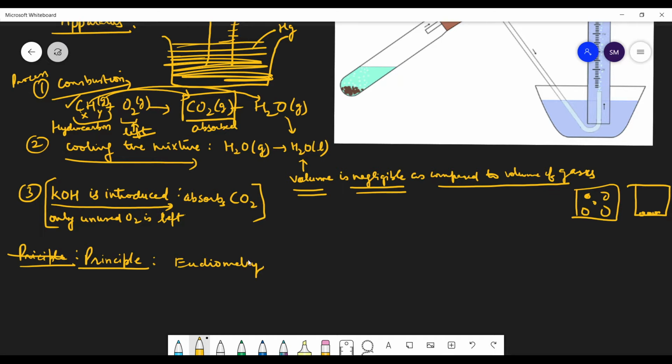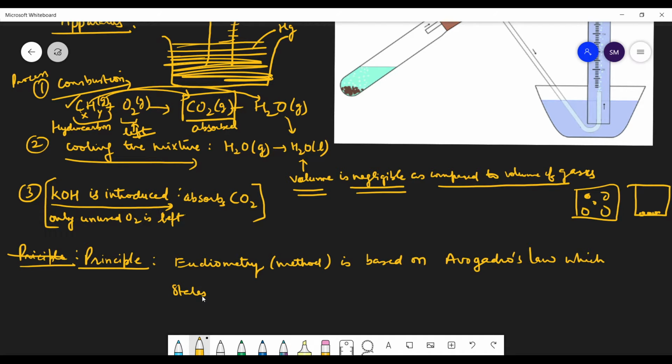Eudiometry, which is a method, is based on Avogadro's law. And what is Avogadro's law?